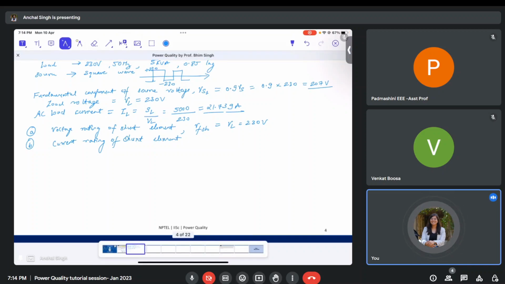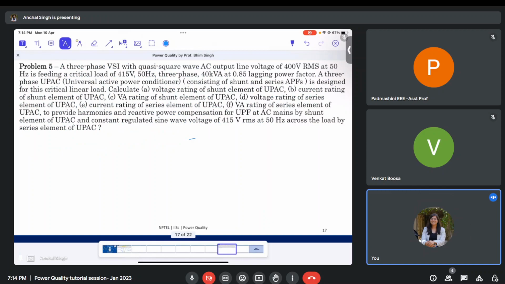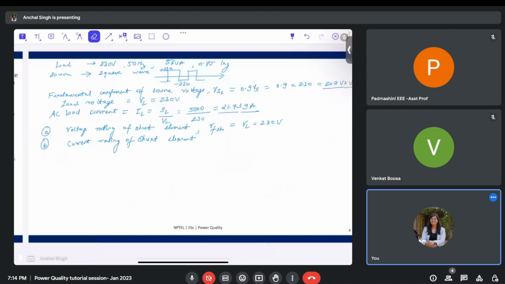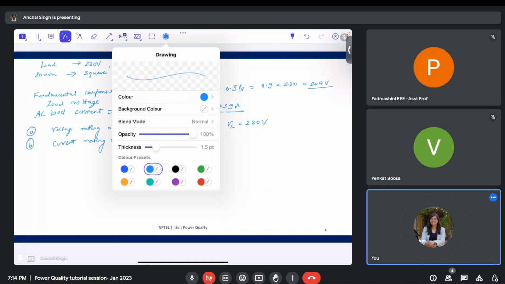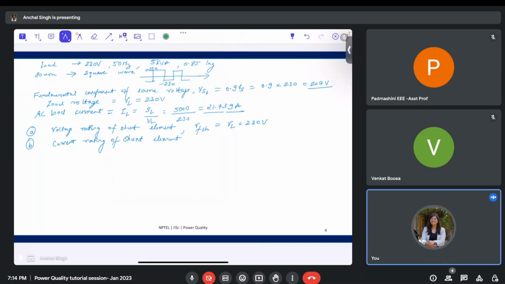When you talk about the shunt element, we know that it has to take care of two problems. One is the reactive power compensation of the load, and the other is the harmonic compensation. That means it has to supply all the load current that is left after supplying just the active part of the current.